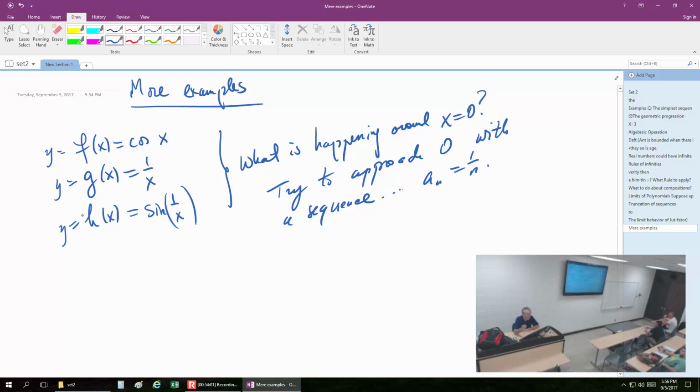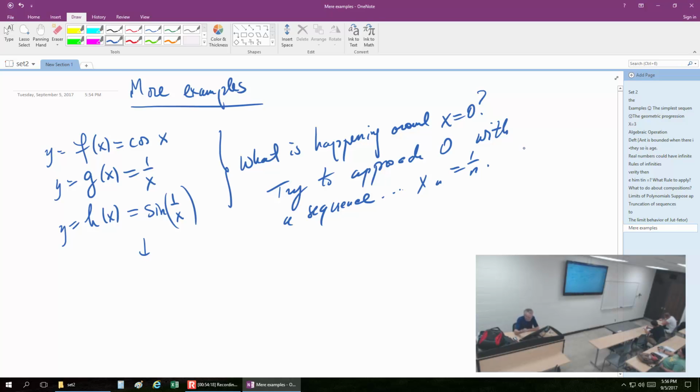Let's call the sequence of x's xn, and then we have 3 sequences of y's.